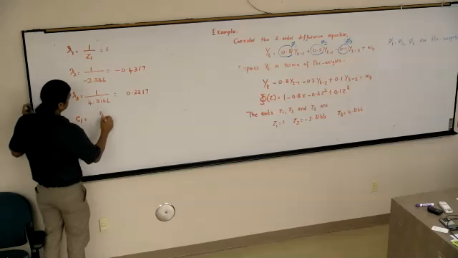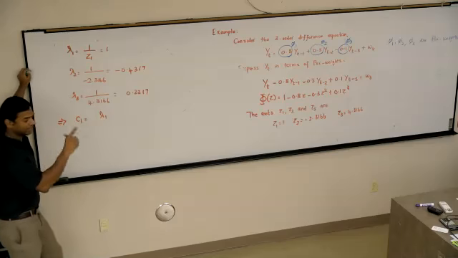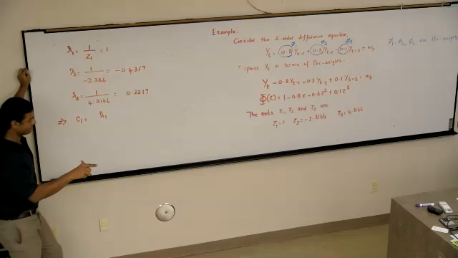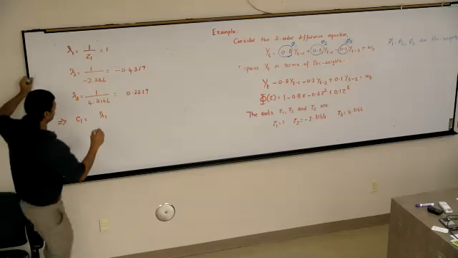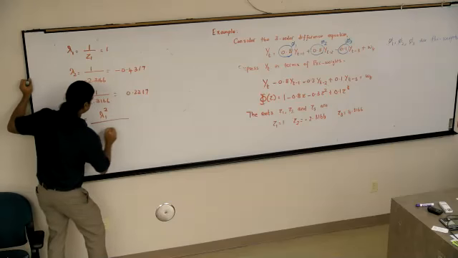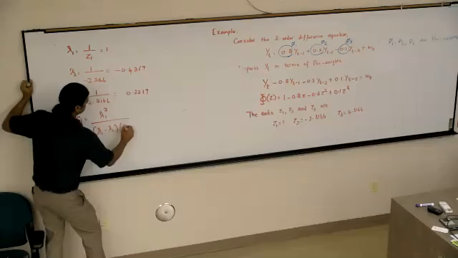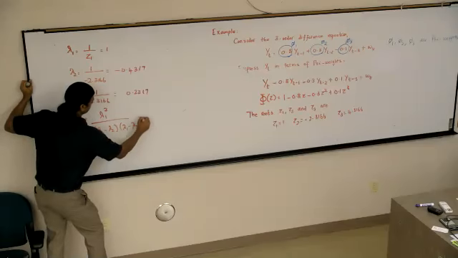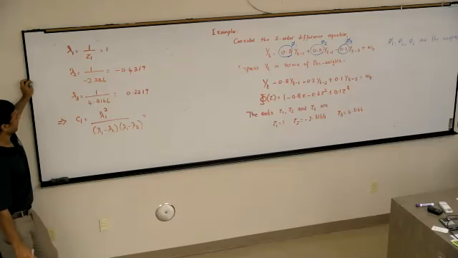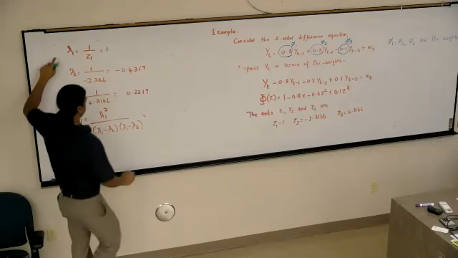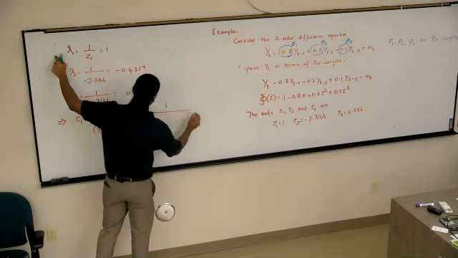So C1 is simply lambda 1. Is it raised 2 or raised 3? 2. Divided by lambda 1 minus lambda 2, lambda 1 minus lambda 3. And numerator is 1.